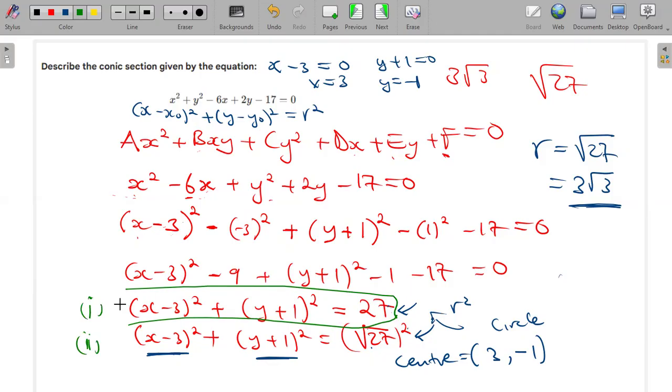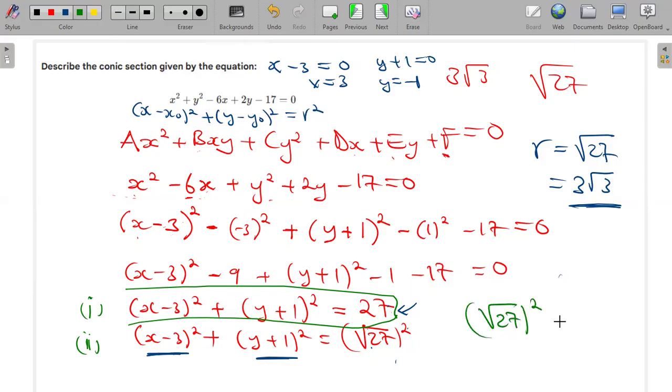I haven't changed the meaning of anything in that line. So line 1 and line 2 mean the same thing. Why? Because you know that the root of 27 squared is just equal to 27. This and that, you remain with 27. So line 1 and line 2 are the same. We did not change the value. But why did we write it in this form?